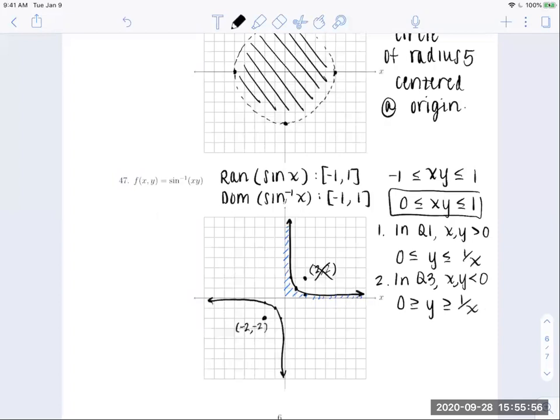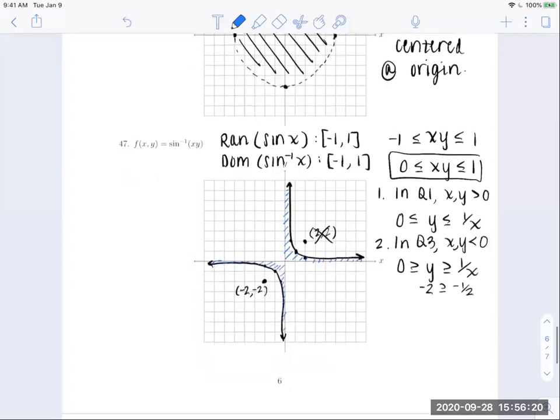If I plug this point in, what I would get is -2 is greater than or equal to -1/2. And that's simply not true, right? -2 is smaller than it. So I need to shade on the other side. All right, and we can continue this process onward.